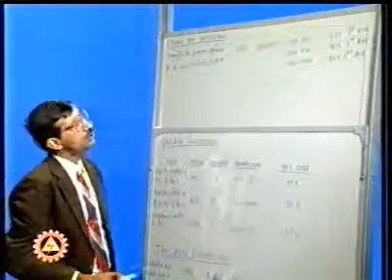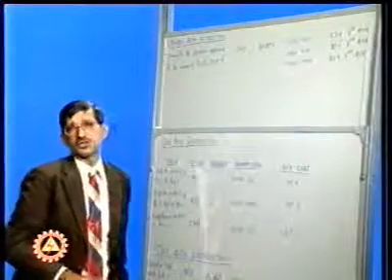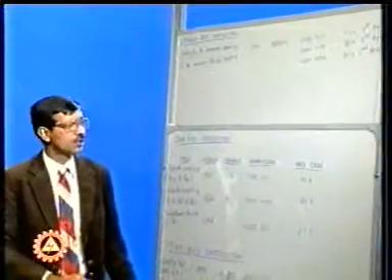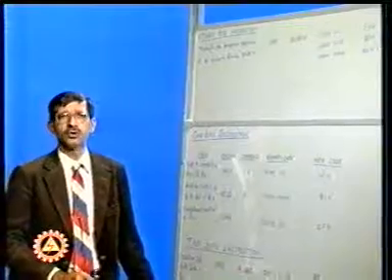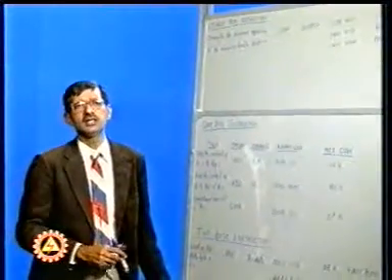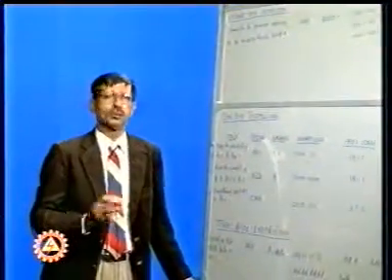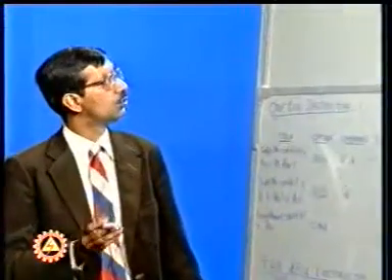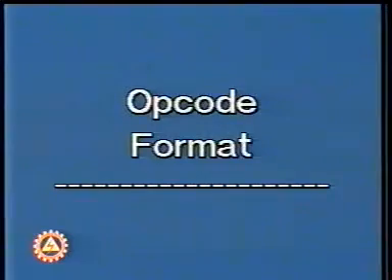Now, how the internal registers, or for that matter the memory, is taken care of in the opcode is to be decided using the format for the opcode. So let's go to the format for the opcode now. In order to understand the operation code, it is important for us to understand how the instructions are built in the microprocessor.